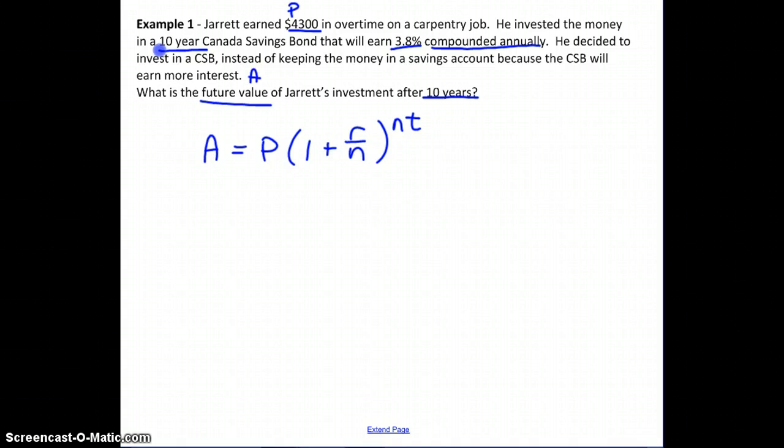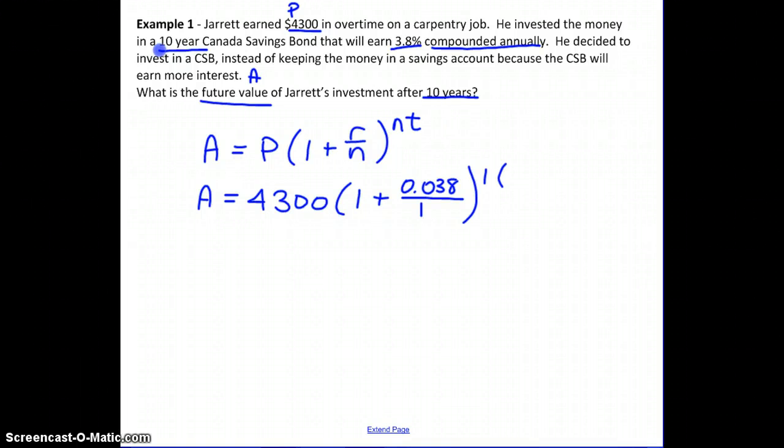Our future value is what we're looking for. Our rate is 3.8%, which we always write as a decimal. It says it's compounded annually, so how many times a year is it compounded? Once. Annually means once. So N is 1, T, or time, is 10 years.